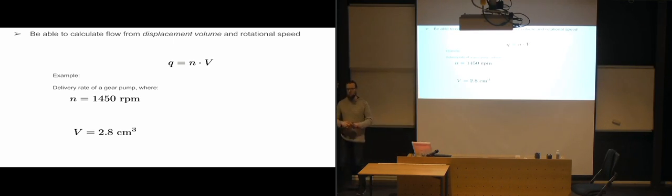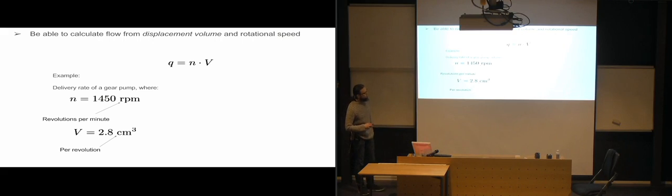It would have been so much easier if they just gave it directly in cubic decimeters, so that we could transfer it directly to liters. So we have the revolutions per minute, and this one, even though it doesn't say so, it's per revolution, but a revolution doesn't have a unit, so we have no way of writing it in there.